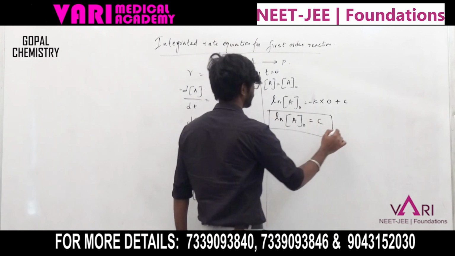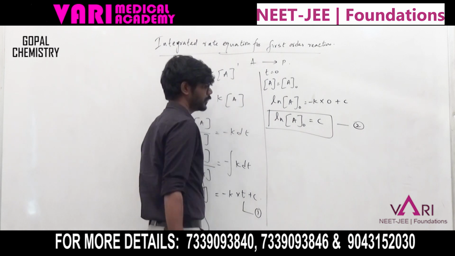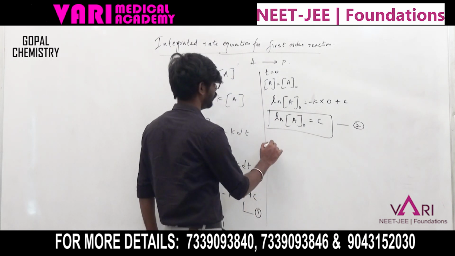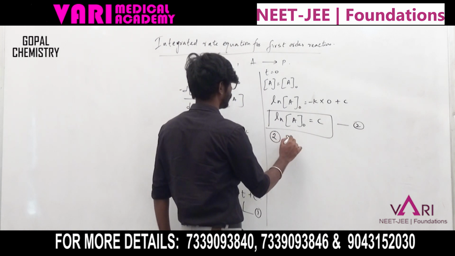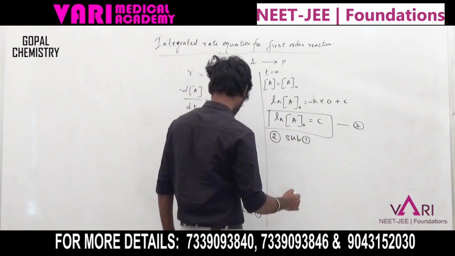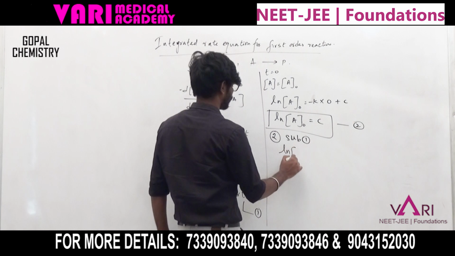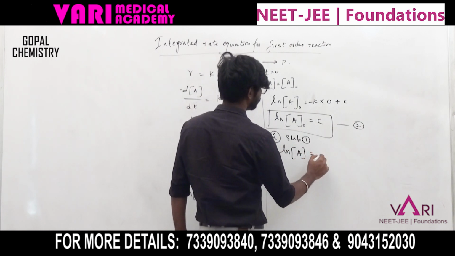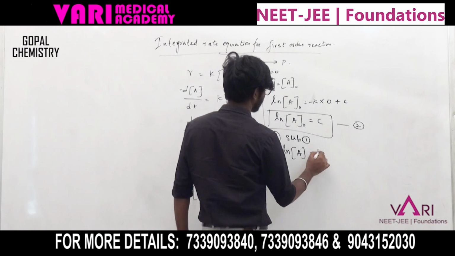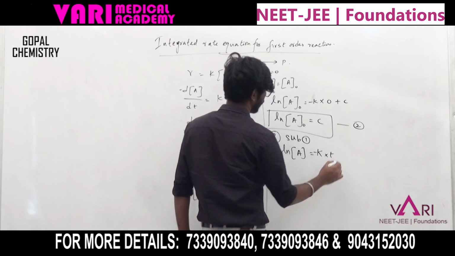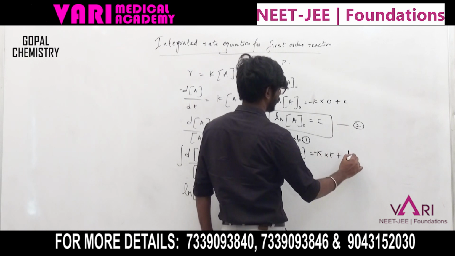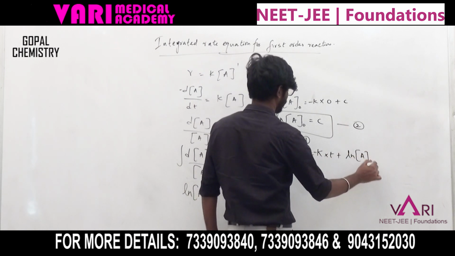So this expression has to be substituted in equation 1. So negative ln of A equals minus k into t plus, what is the value of C? Negative ln of A naught.